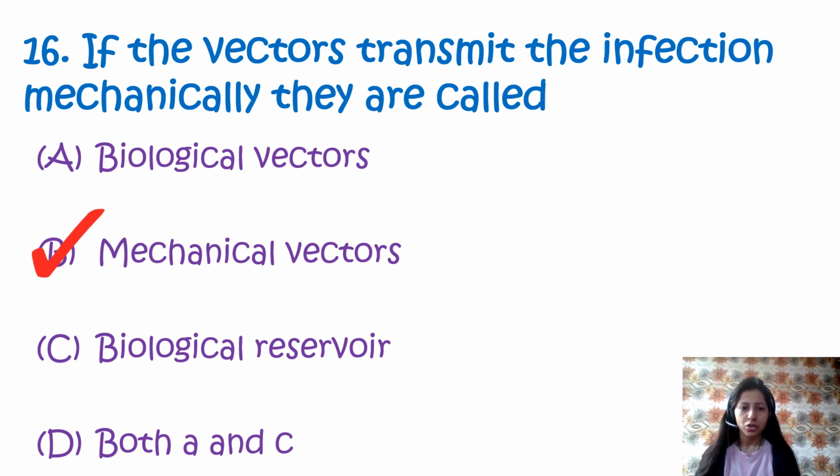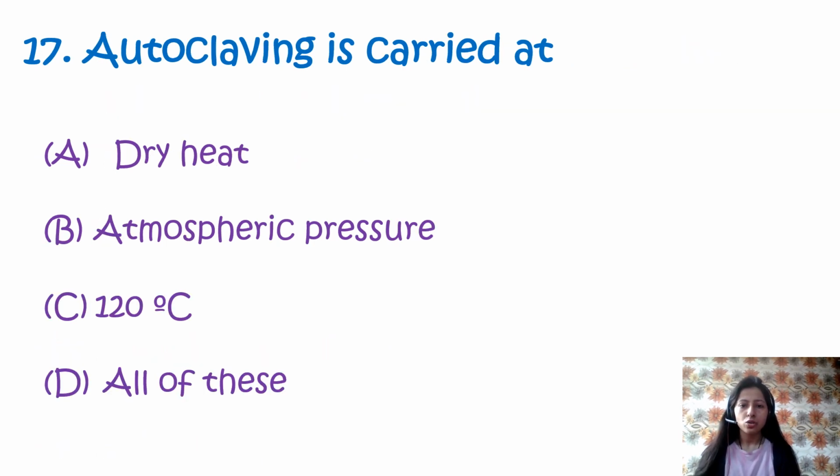Question number 17. Autoclaving is carried at: option A dry heat, option B atmospheric pressure, option C 120 degrees Celsius, option D all of these. So autoclaving क्या है? It's a sterilization process that uses high pressure steam to kill microorganisms.